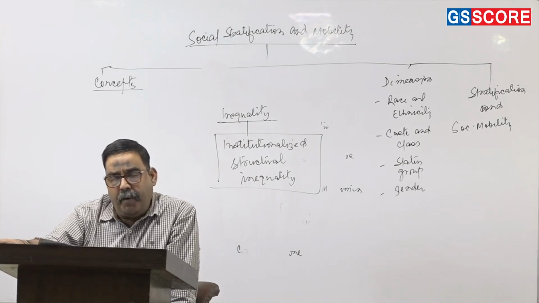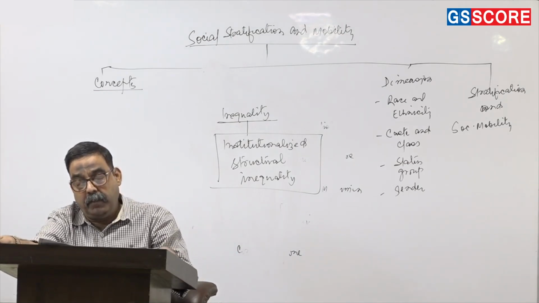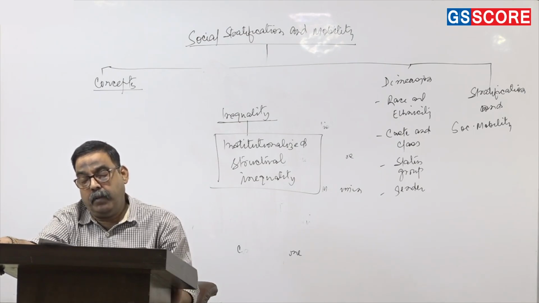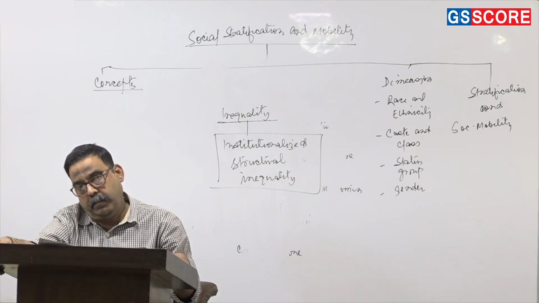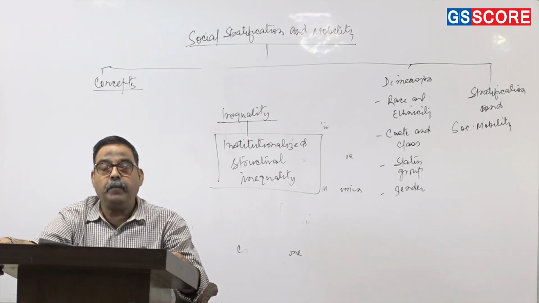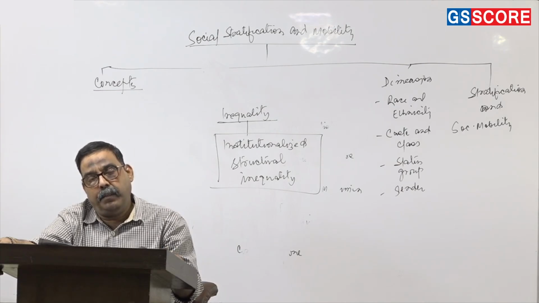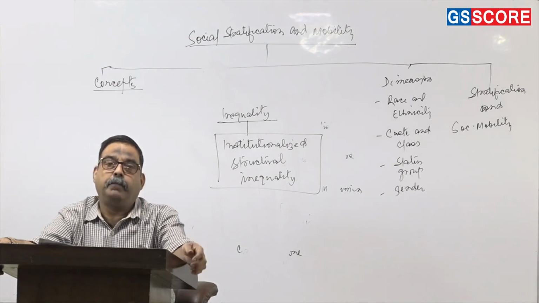Simply, to Weber, class is primarily made of three components: property, prestige and power. Property, economy; prestige, social; power, political.